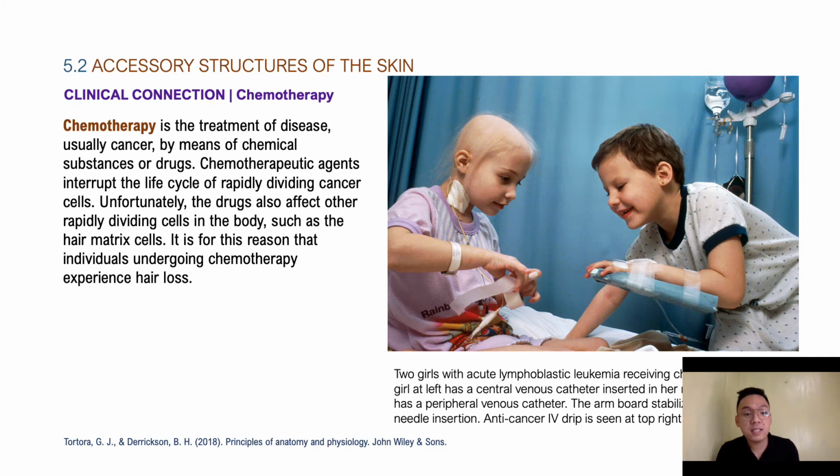It is for this reason that patients undergoing chemotherapy experience hair loss. The photo on your right is two girls with acute lymphoblastic leukemia receiving chemotherapy. And look at their hair.